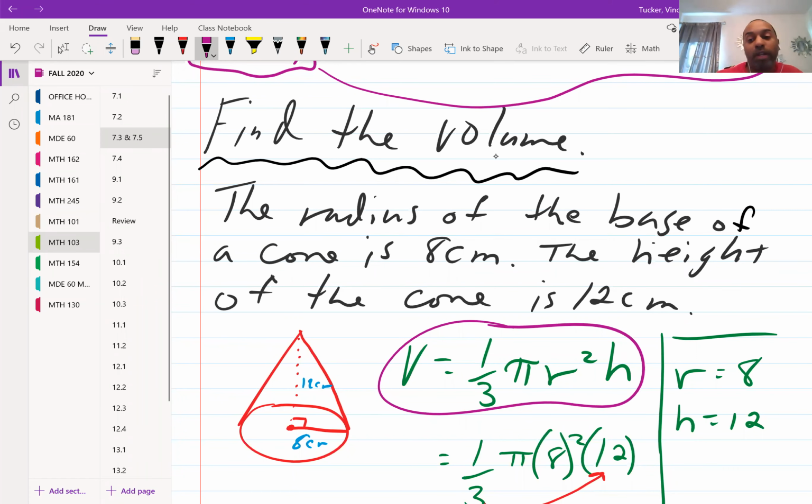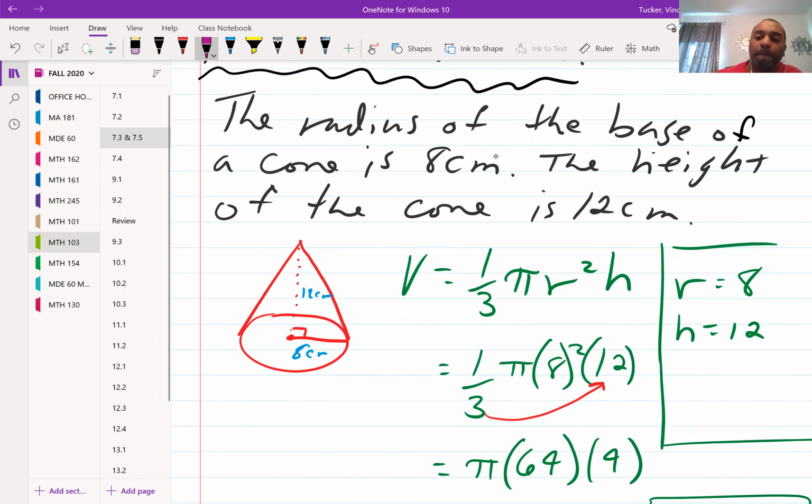So you know you need a radius and the height, and that's what they gave us. And then you plug in accordingly. 1/3 is a part of the formula, so that's not coming from anywhere other than the formula. So you don't have to look for that. It's 1/3 times pi times 8 squared times 12.